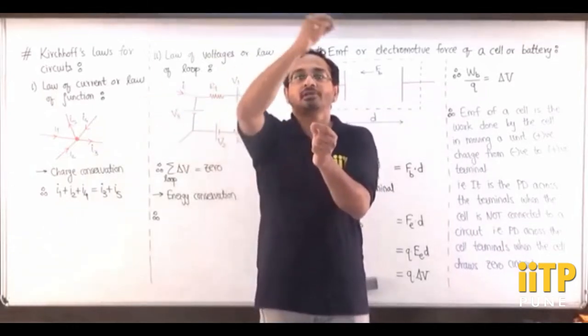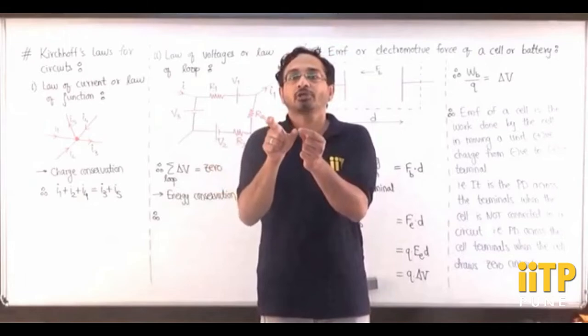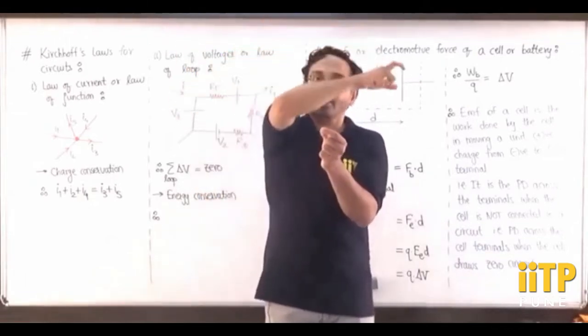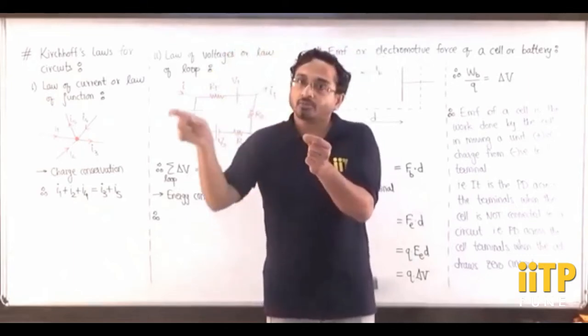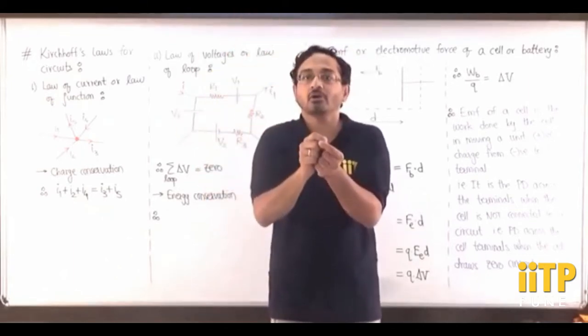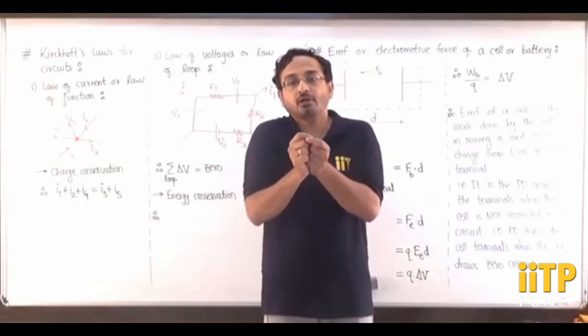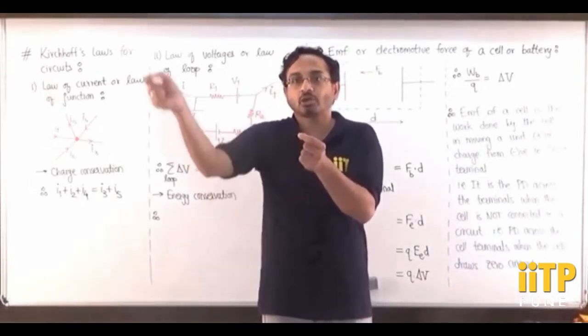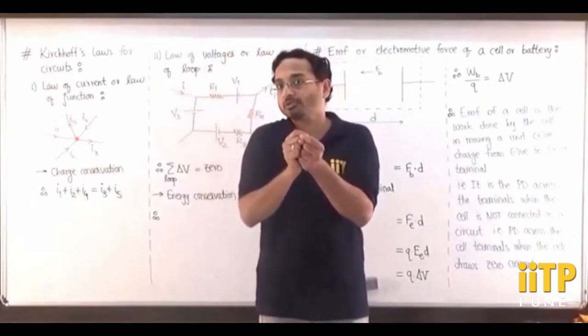If I come back to the same point, then the total potential difference calculated for this patch, this, and then coming back here, has to be 0, because electric field or electric force is a conservative force. As a result, the total work done over a closed path has to be 0.